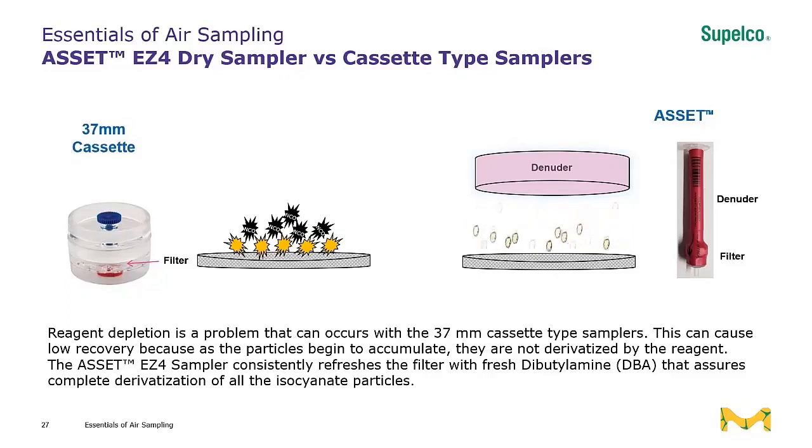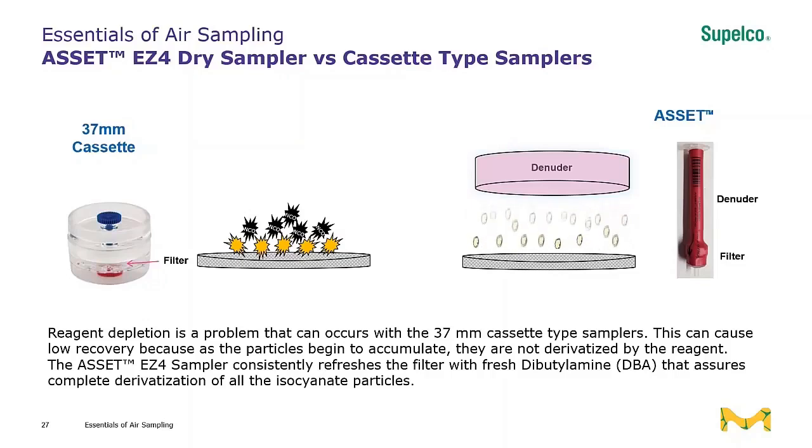In the design of the denuder and filter, when the isocyanates are sampled and travel through the denuder and the filter, there is a high concentration of dibutylamine, and it completely derivatizes all the isocyanate vapors and particles that enter the device.